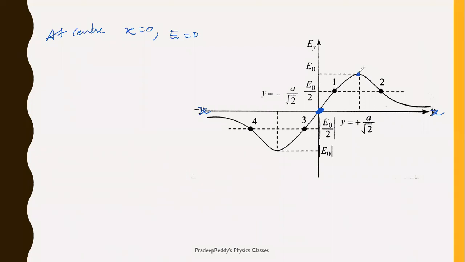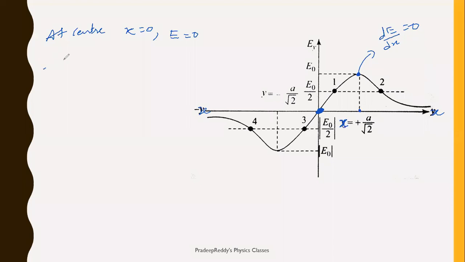So this is the point where dE divided by dx is equal to 0. Where are you obtaining that point? When x is equal to plus a by root 2, you are getting that particular point.